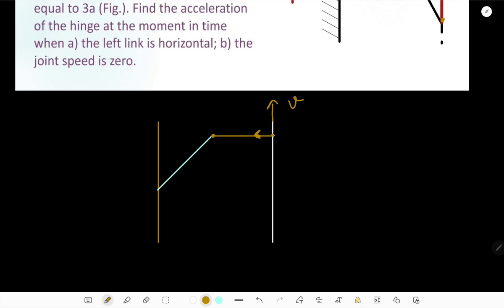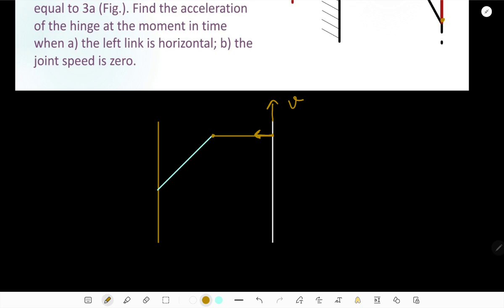So its speed is 0 in this direction. And what about this direction? Joint speed should be 0, because the velocity components of this right link along the body itself should be equal. If this velocity is 0, then this velocity is also 0.